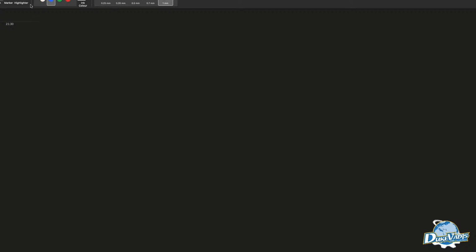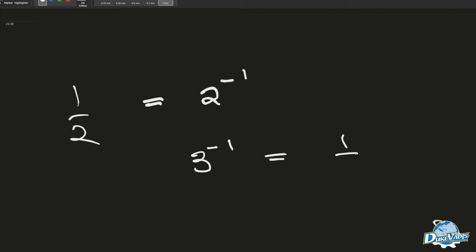In real life, we know that 1 over 2, which means half, can also be written as 2 raised to the power negative 1. Because of that, if I see 3 raised to the power negative 1, all it means is 1 over 3.